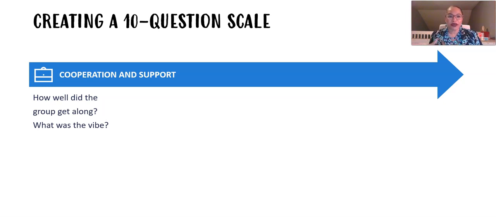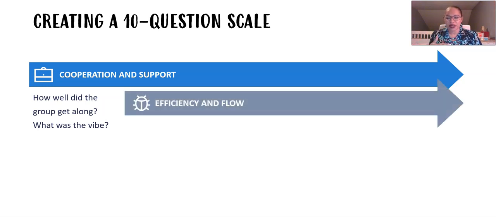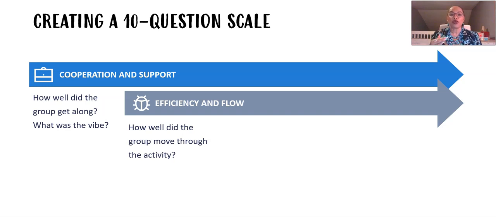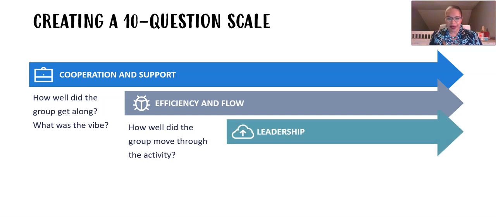your group experience, your course, what you expect of your students, and come up with questions that relate to cooperation and support. Then efficiency and flow. You want to write statements that are going to help them identify how well the group moved through the activity. Okay, so just a couple of statements about that. Then leadership. Remember, I had a statement about the group leader and the timekeeper.